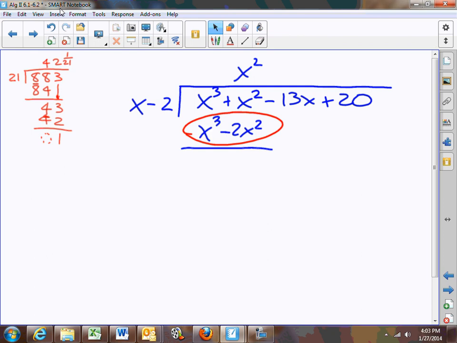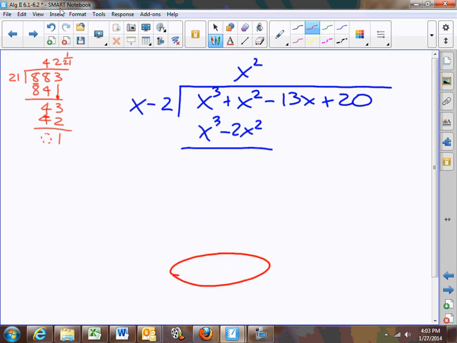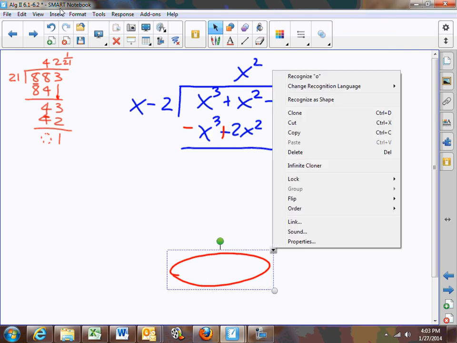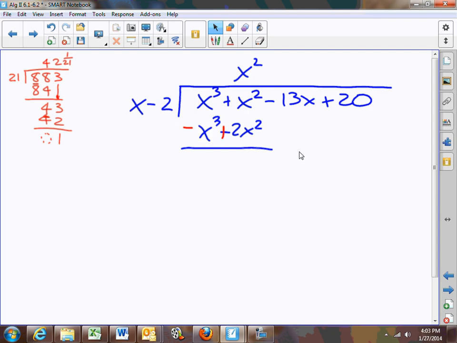So what we do is we distribute a negative sign through this polynomial and then add. See, adding a negative is the same thing as subtracting, but if you distribute that negative sign through, in other words, you make one mark on each term in the polynomial you're subtracting and add, then you will not make as many mistakes. Now, x cubed plus negative x cubed is 0.